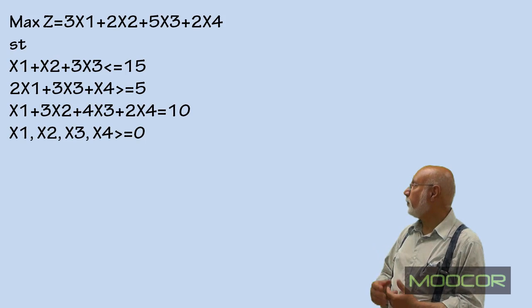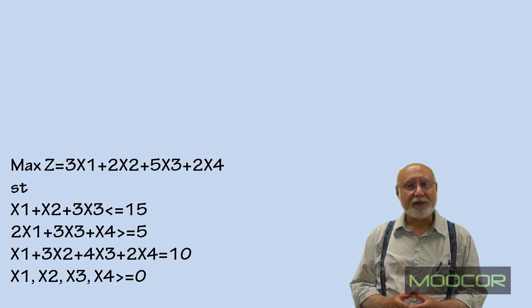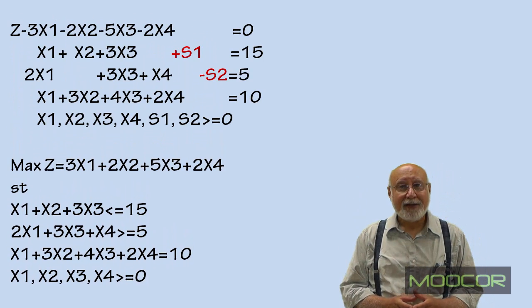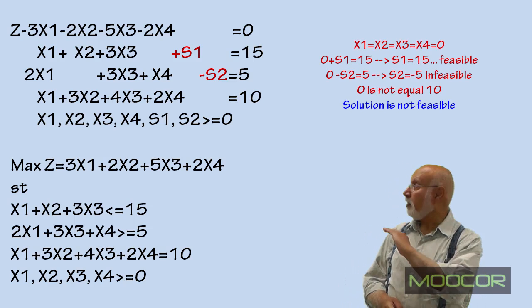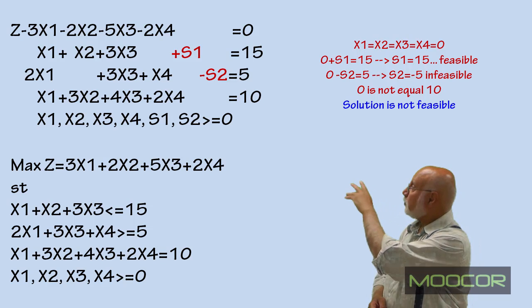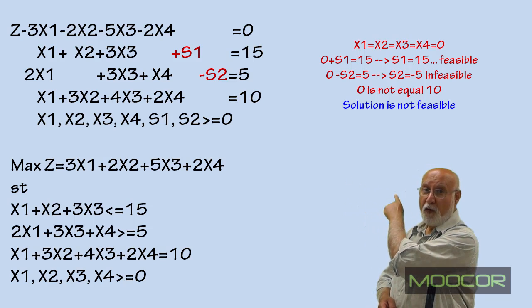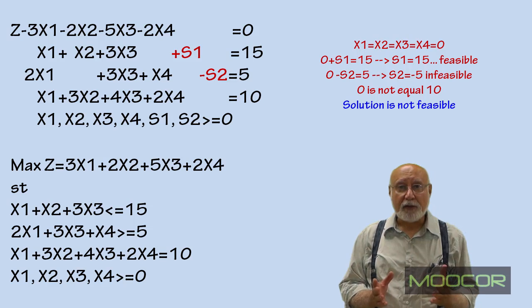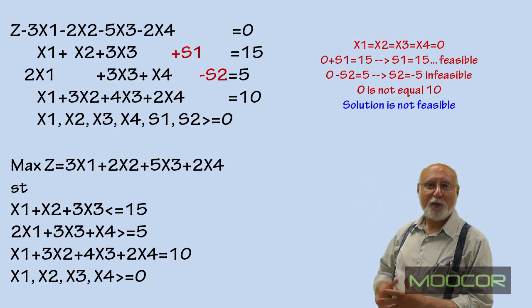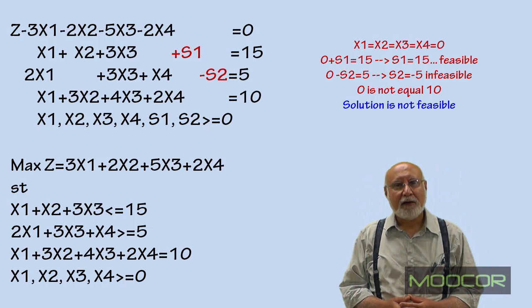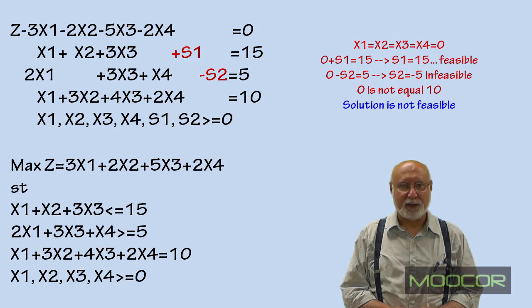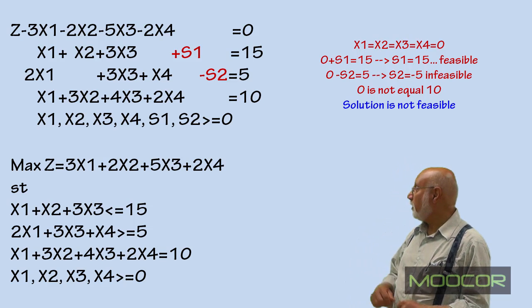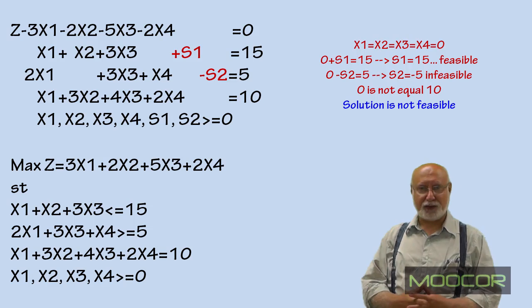Here is an example. In this example, you notice that s2 has a negative sign in front of it. Now, if I let x1 through x4 be 0, then s2 will end up with a negative value, which makes the solution infeasible. The other example is the third constraint.